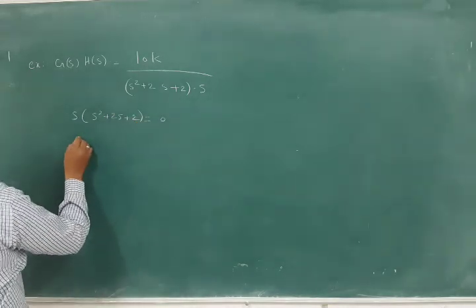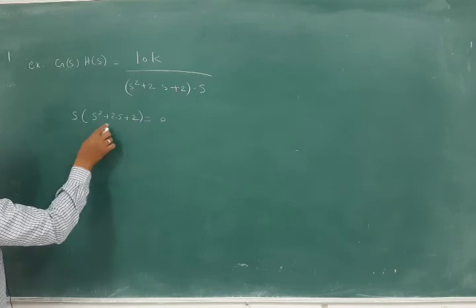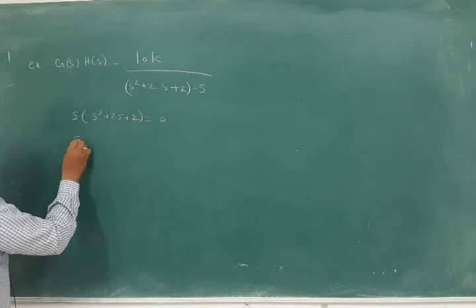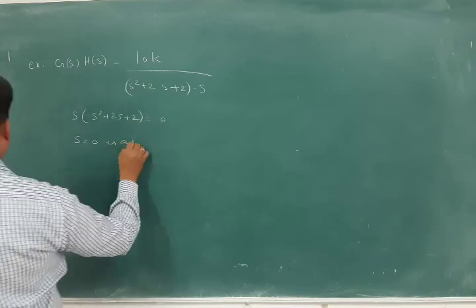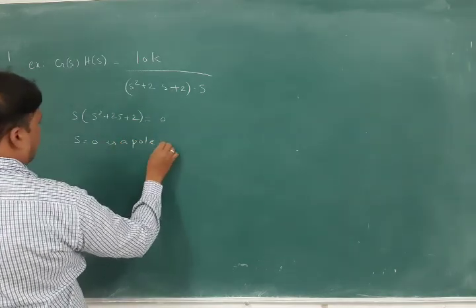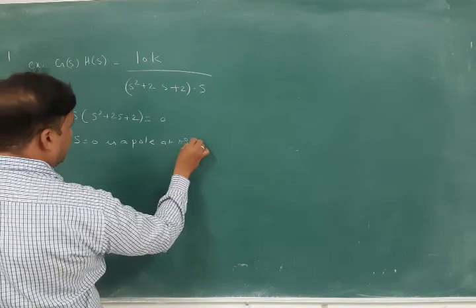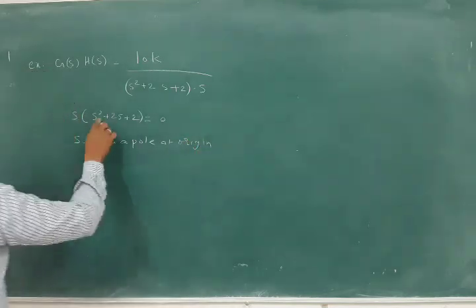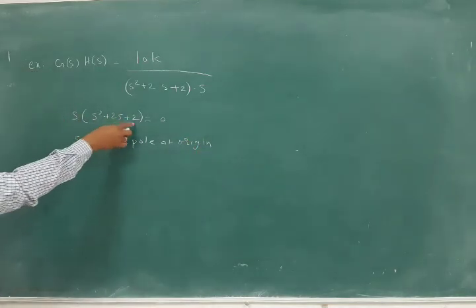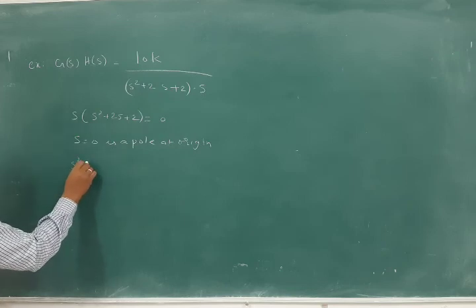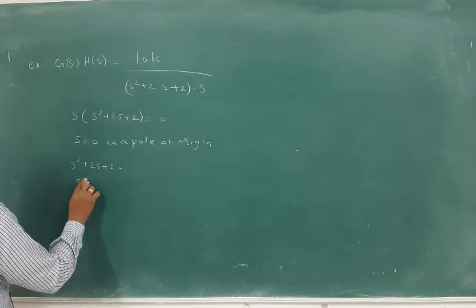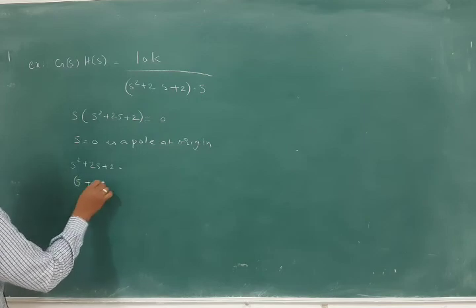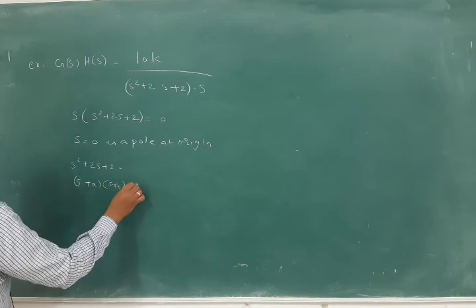Here s is equal to 0 and s square plus 2s plus 2 is also equal to 0. So s is equal to 0 is a pole at origin, and the remaining s square plus 2s plus 2 we can write as factors, s plus a into s plus b, equal to 0.